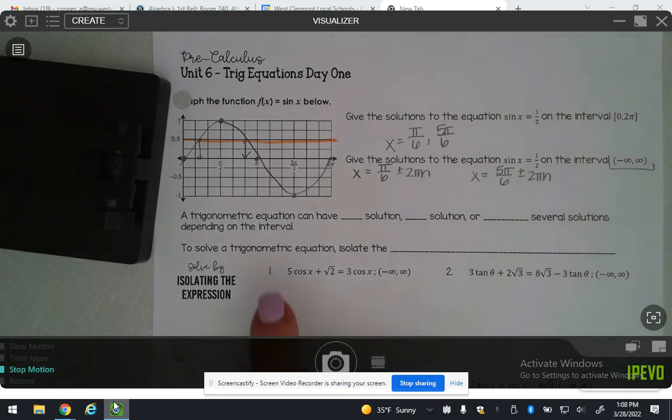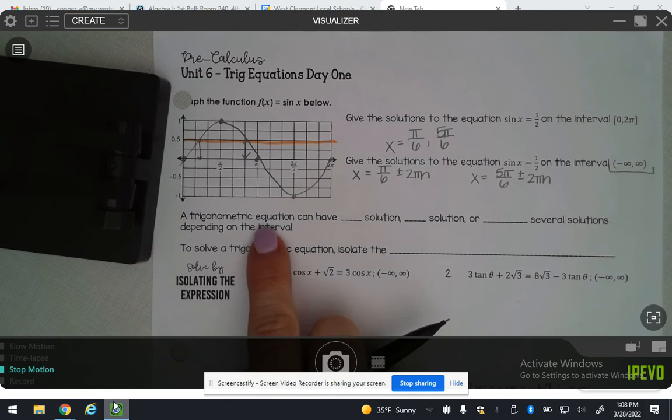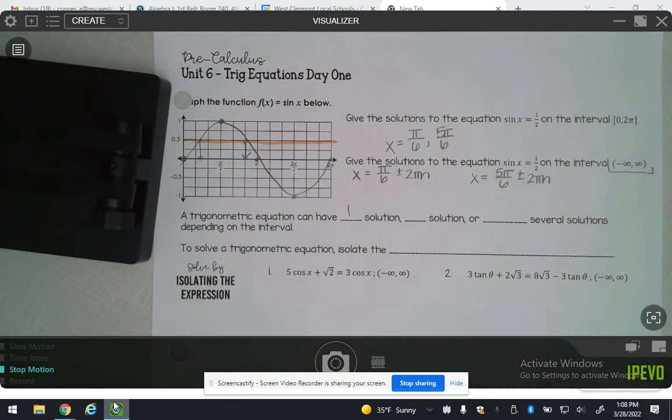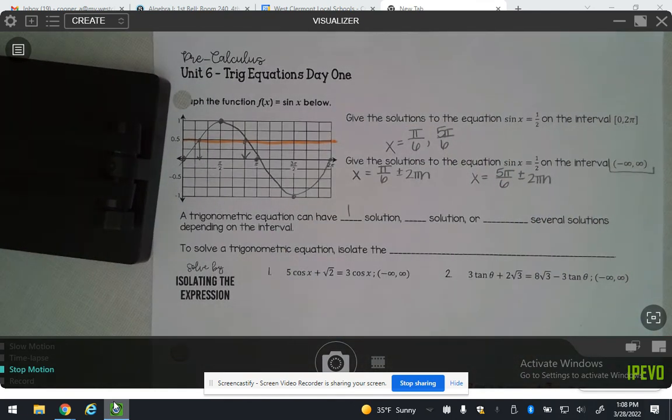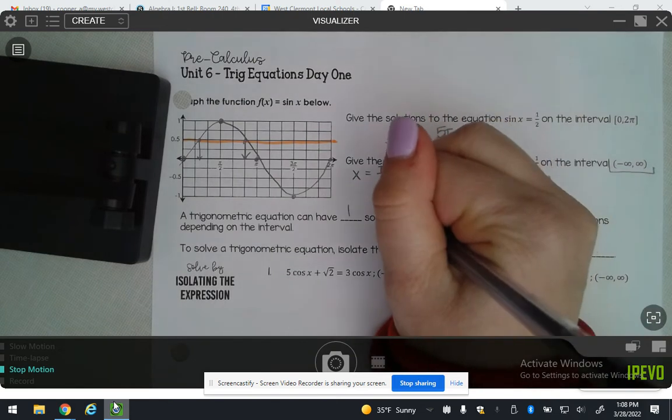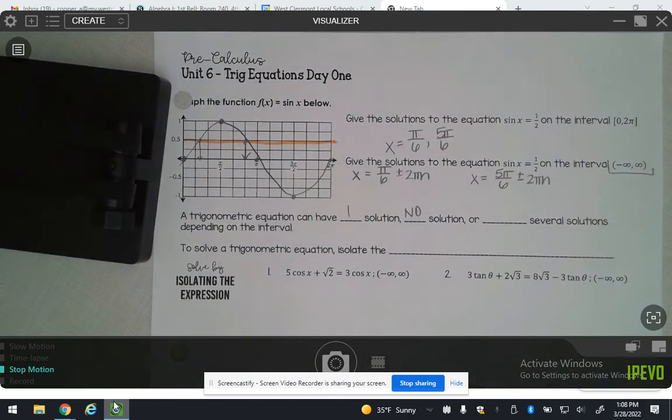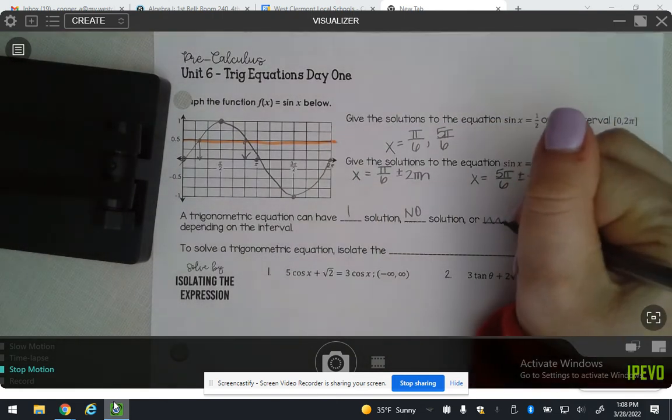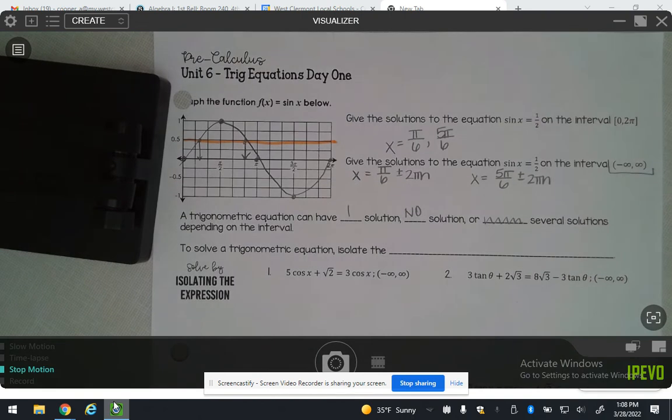All right, a trigonometric equation can have one solution, it could have no solution, or it could have several solutions. One, none, or several. Several being, if it's closed, up to 4.